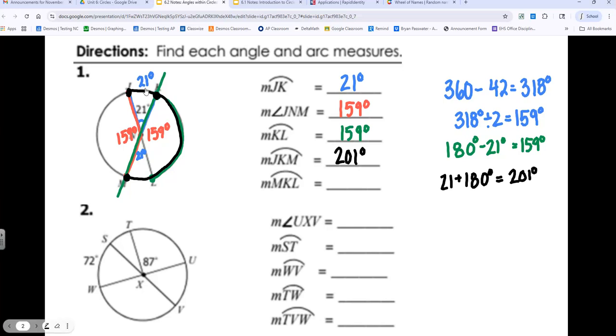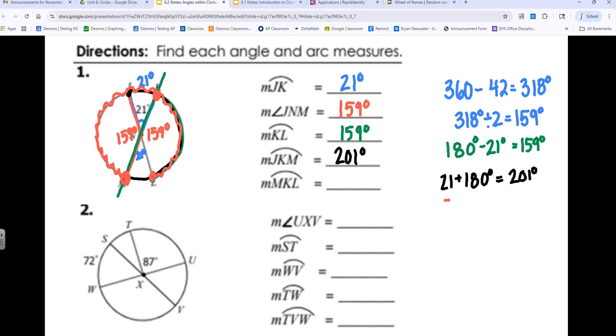And then our last one, and I'm running out of color, so it's going to start overlapping here. I'm going to use red again. MKL, so from M to K back to L. So we're going almost all the way around. What do you think, Samara?